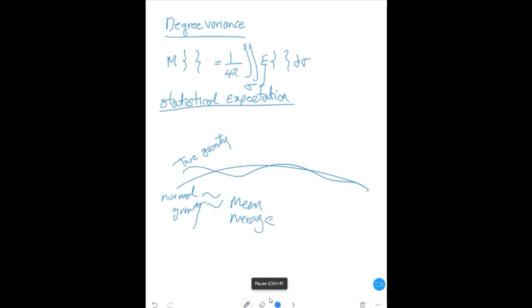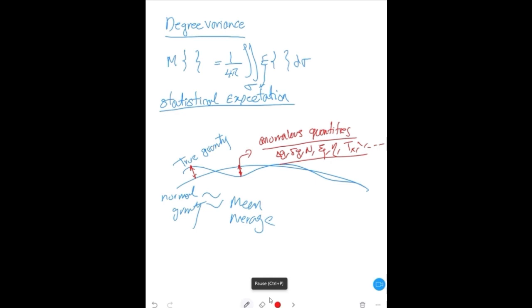So the discrepancies between the true gravity field and the normal gravity field, which I show here in red, are actually anomalous quantities, which we already discussed: gravity anomaly, gravity disturbance, geoid height, deflections of vertical, derivatives of disturbing potential, and so on.